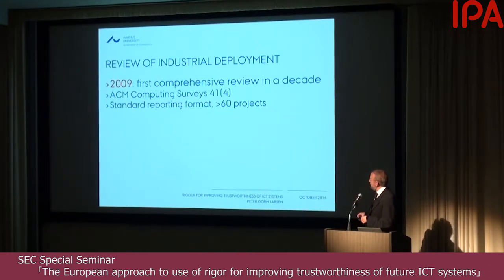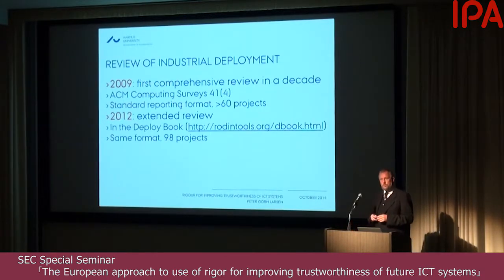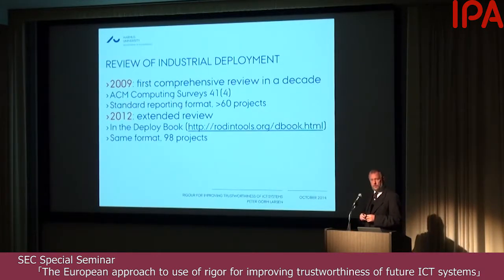This was published in the ACM Computing Survey. In 2012, we made an extended version of this that is published as a chapter in this Deploy book that Professor Fitzgerald was showing you earlier.